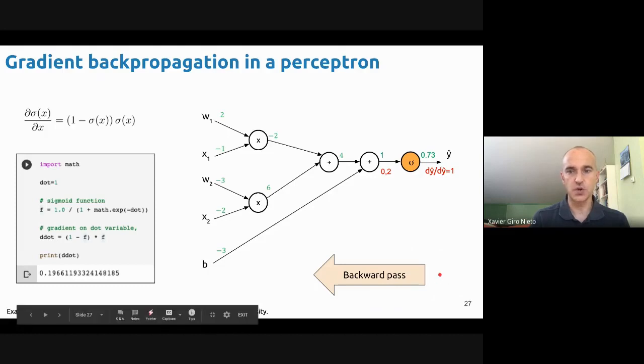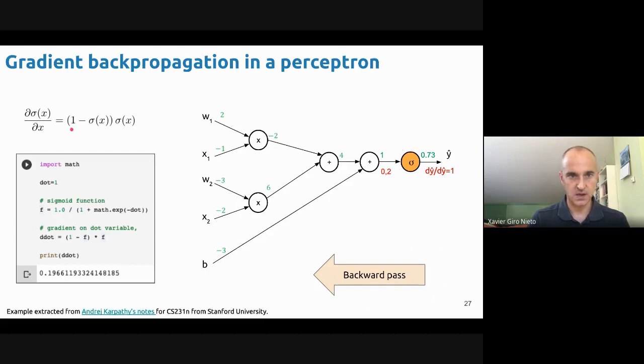Remember that what we need to do is assess the derivative of the sigmoid, which is this function, at the point of operation. The point of operation is provided by this dot. So we go to the forward computational graph. It's telling us we are going to look at the partial derivative of the sigmoid and assess it at 1.